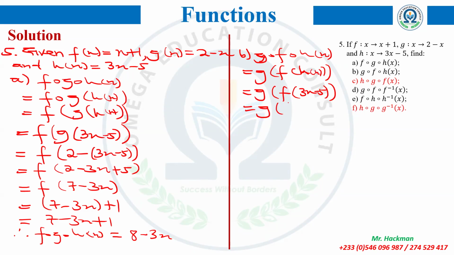I bring my bracket, and what I have inside the bracket will mean wherever I see x in f of x, I put 3x minus 5 there. So I'll feed the function f with 3x minus 5. So where is the function f? The function f is this, the one that we extract. So this x here will now be 3x minus 5. So I will substitute. That will give me 3x minus 5, and you will put it in brackets because maybe you are not matured. Then plus 1. All correct?